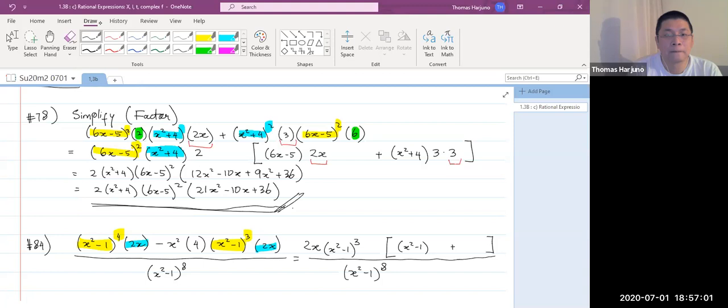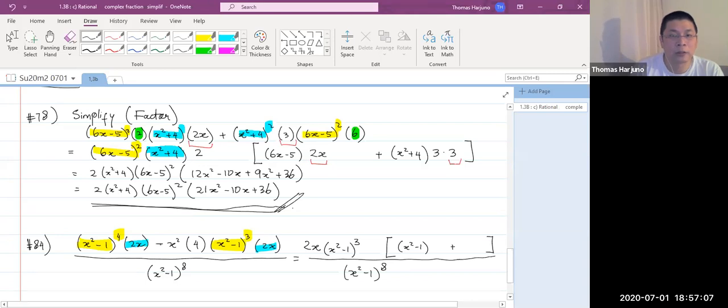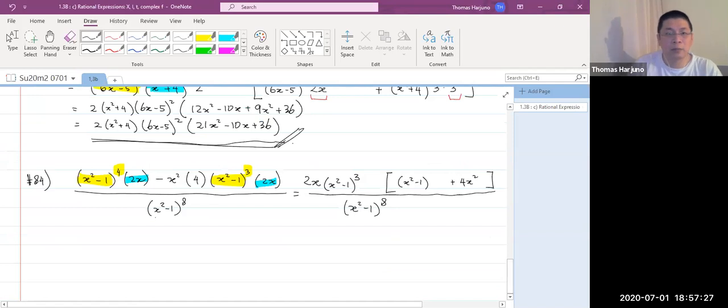Okay. It takes out from both of them, huh? And then nothing else. Nothing else. So inside I have extra 4x squared here. Then simplify inside the bracket.